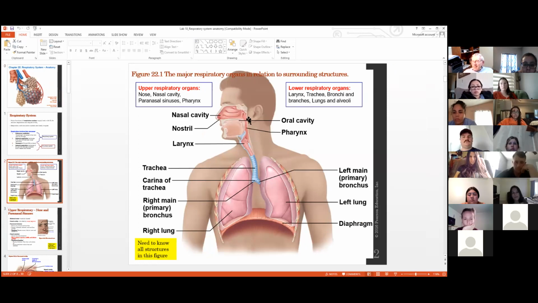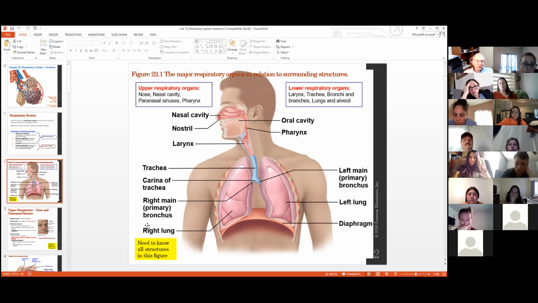So this drawing will probably be on there half a dozen times. You've got lots of parts that are here. You can see the lobes of the lung here. You can see the trachea, the bronchi. You can see the carina. I'm not concerned about primary and secondary bronchus as they branch.